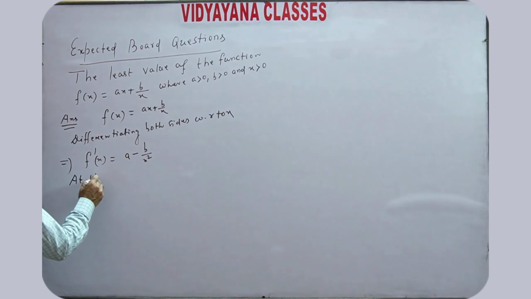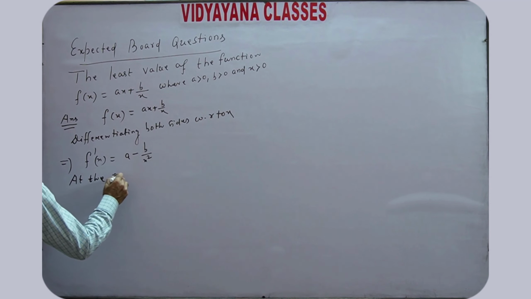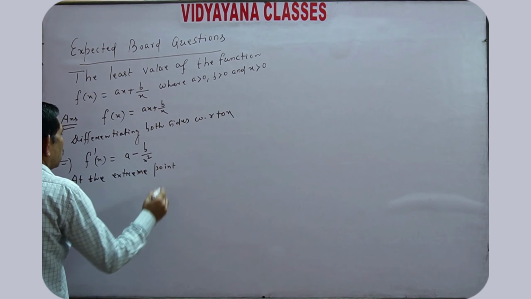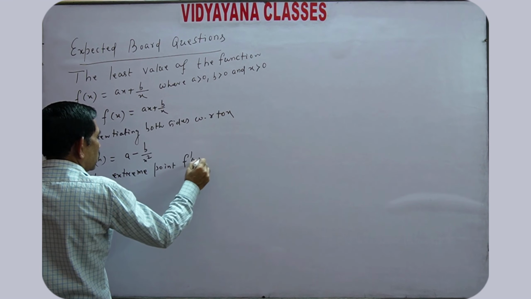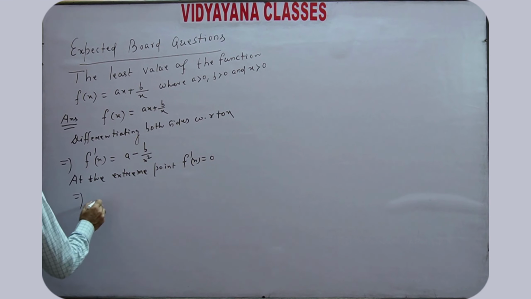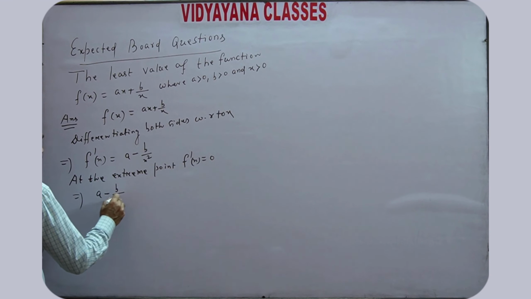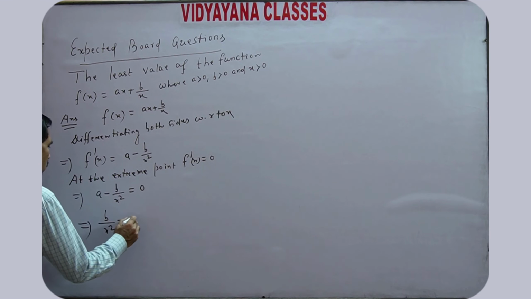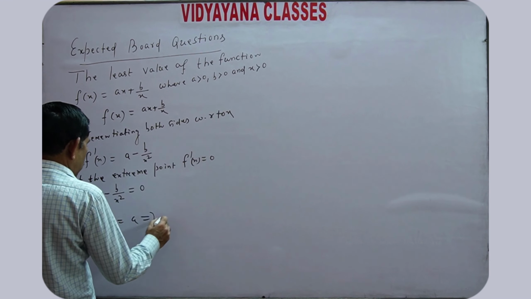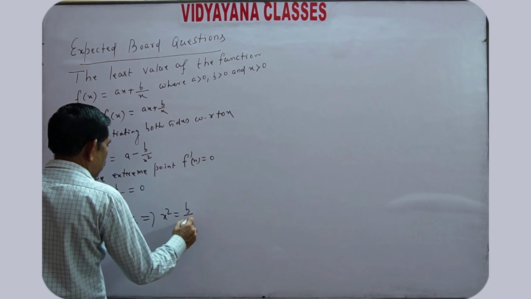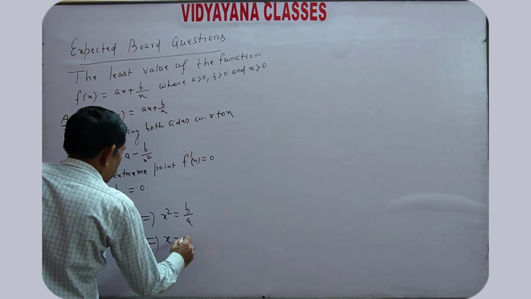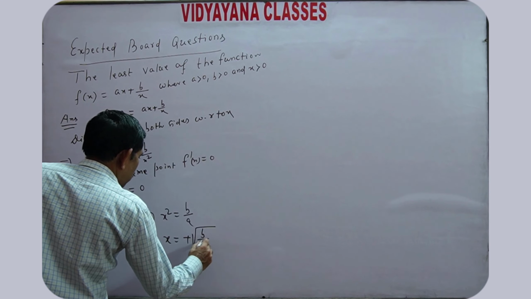At the extreme point, f'(x) is equal to 0, which implies a minus b by x squared is equal to 0, which implies b by x squared is equal to a, which implies x squared is equal to b by a, which implies x is equal to positive square root of b by a.